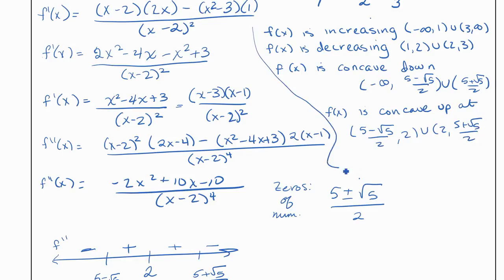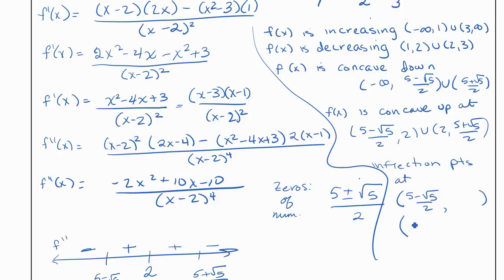Now we have inflection points where we're changing concavity, so where we're changing from negative to positive. So we have inflection points at, so the x value will be 5 minus the square root of 5 over 2, and then to get the y value, we'll plug this into f of x, into the original.